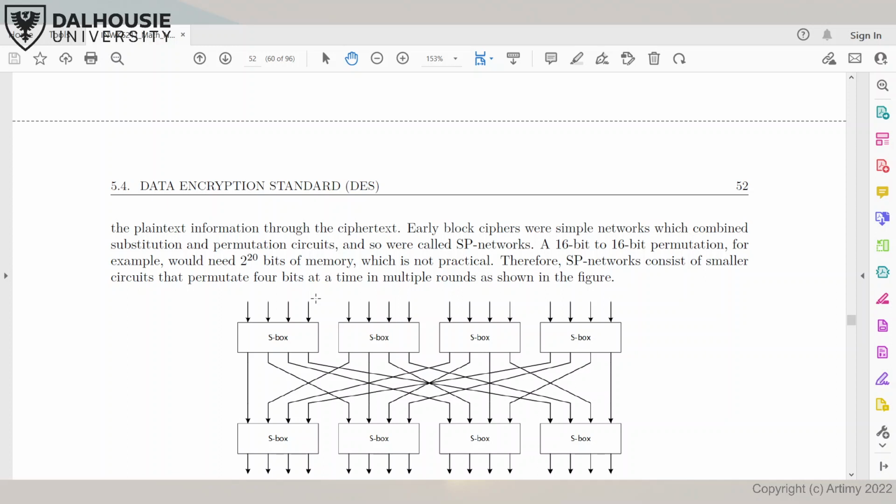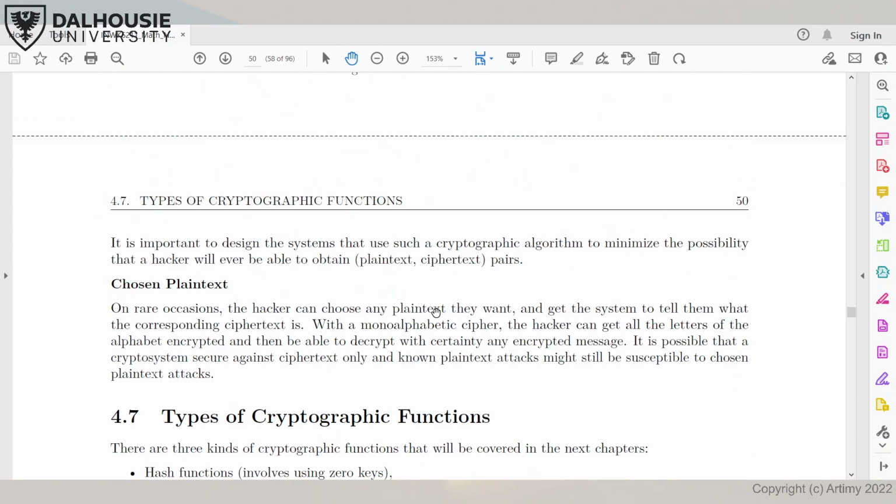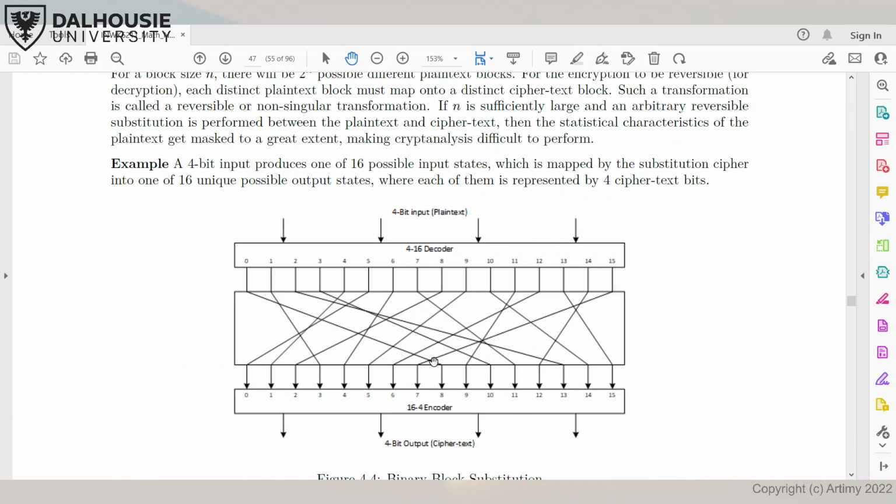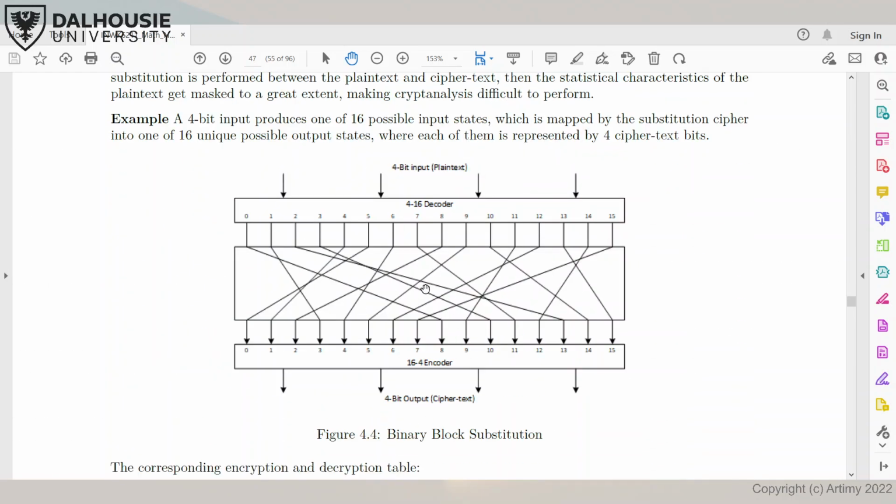Inside these blocks, the bits are shuffled, right? The input is substituted with another. Whatever input we give is substituted with another. So this is similar to what we talked about earlier when we looked at the binary block substitution.